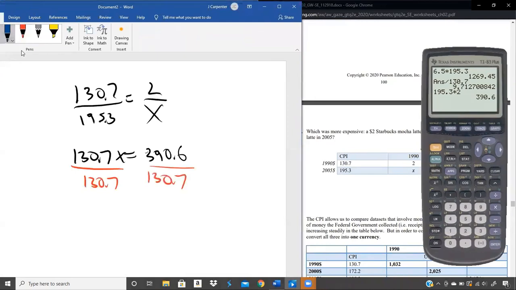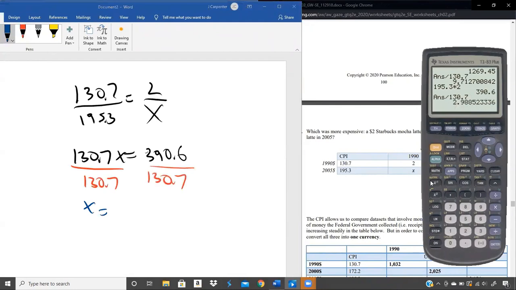That gives us x equals 390.6 divided by 130.7. We get x equals 2.988. So rounded to the nearest penny would be 2.99. Now that was $1.